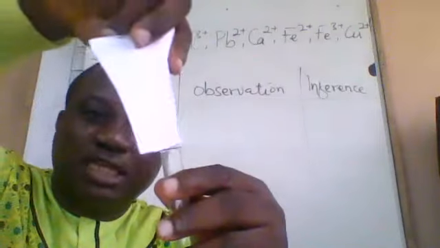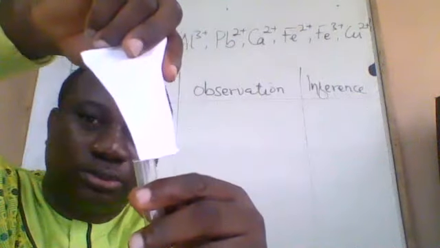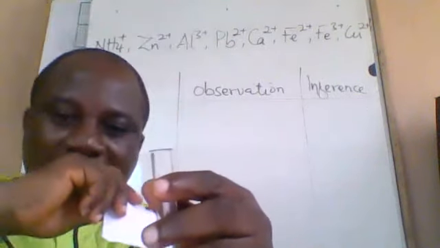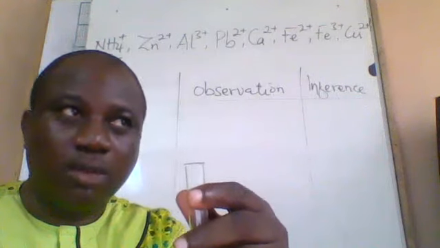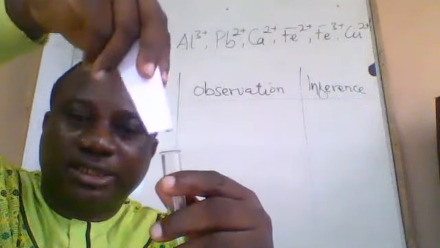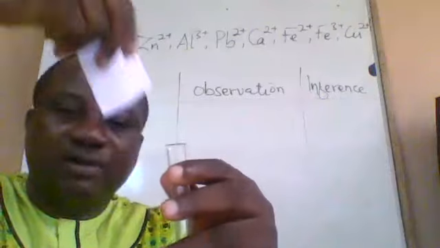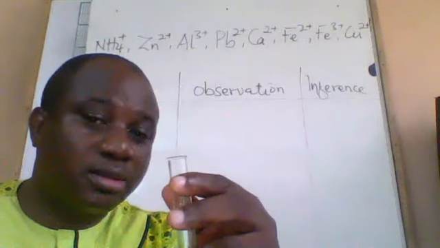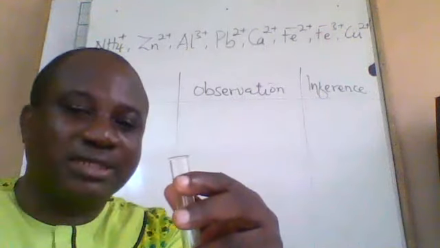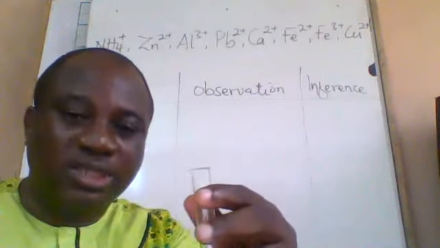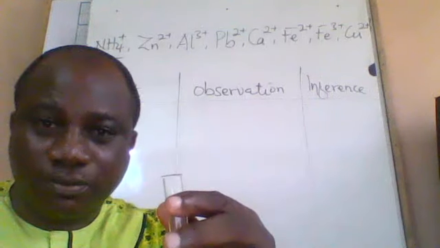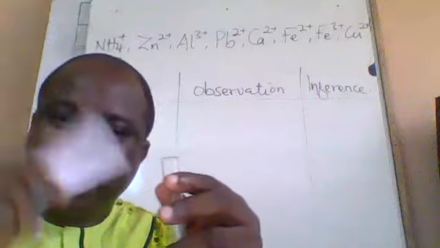We don't dip the litmus paper into the test tube. If you do that, it is wrong. Because if you dip the litmus paper into the test tube and the inside of the test tube is acidic, then it will not be the gas which is acting on the litmus paper, but the solution in the test tube. So we don't dip the litmus paper into the test tube.